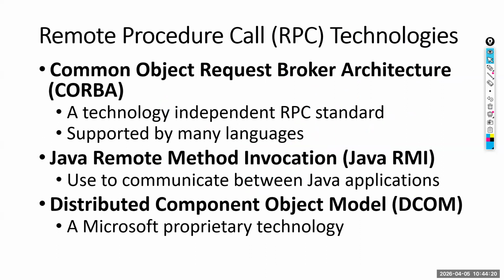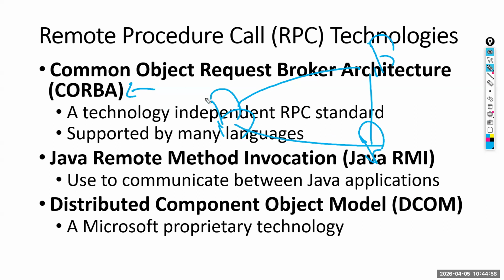And there are different technologies developed to overcome these challenges. One of the very first technologies was CORBA, Common Object Request Broker Architecture. The idea was to let programs running in different machines call methods of other programs running on other machines.